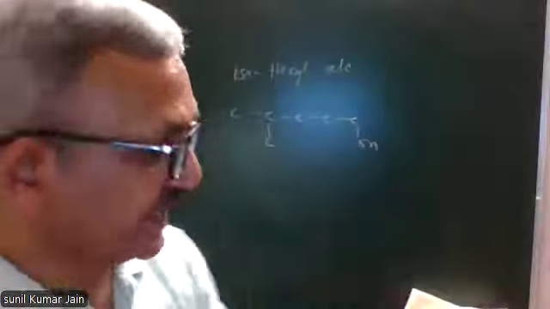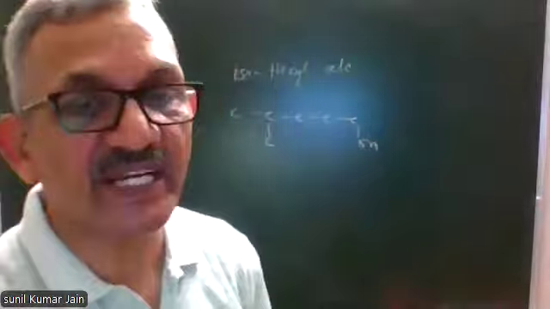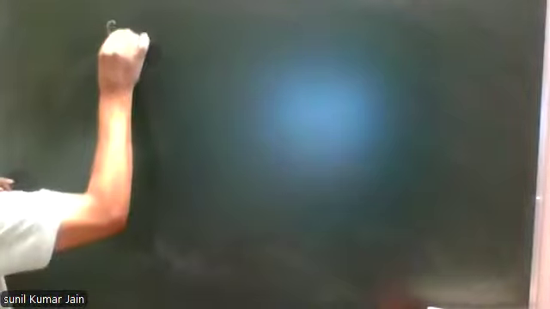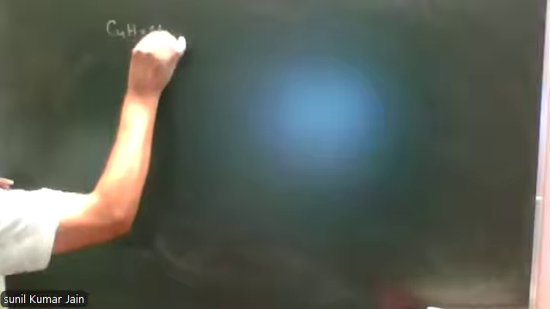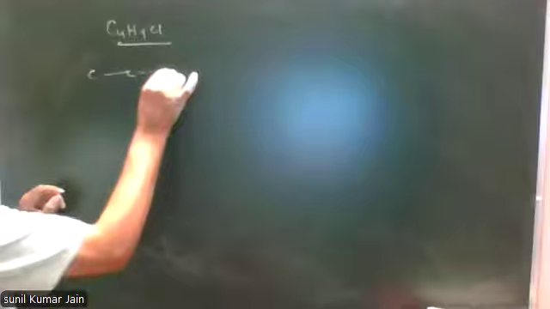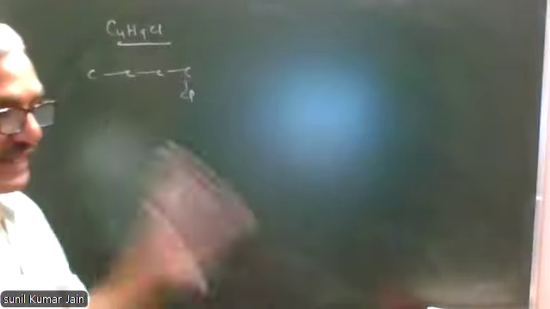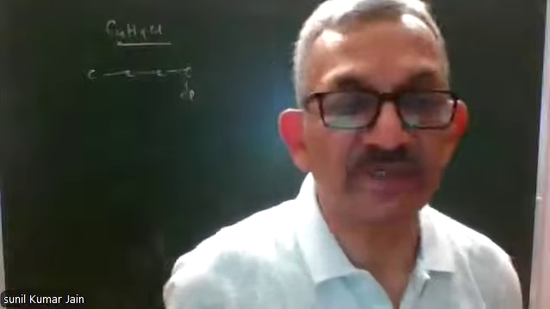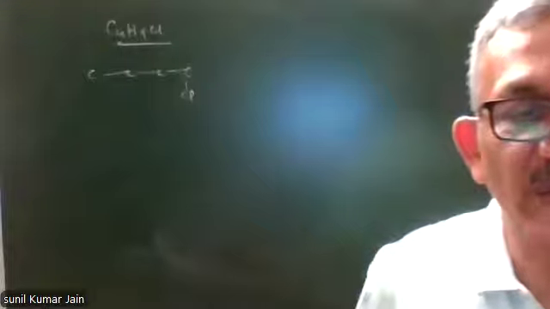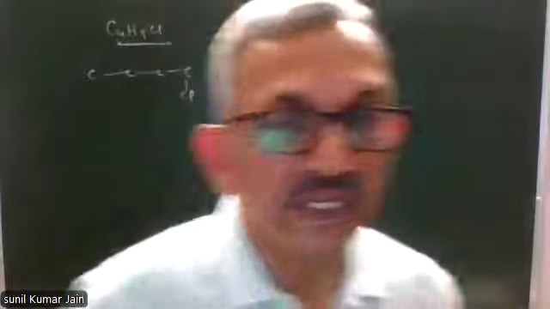Now we take up an exercise in which we'll write isomers. Let us say we write isomers with the formula C4H9Cl. How do we write isomers without wasting time? Write all the carbon atoms in a straight chain, halogen on one terminal.